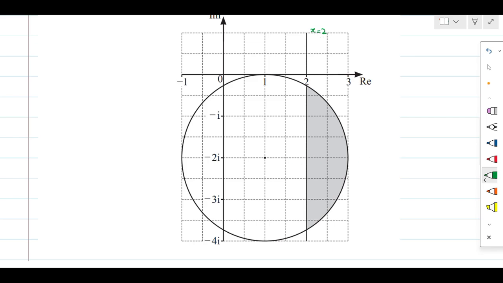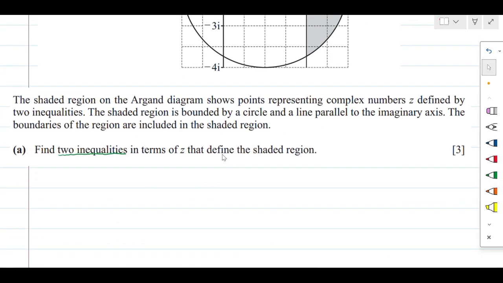Which portion is shaded? When x is equal to 2 and more than 2, or the real of z is greater than or equal to 2. So the first inequality is real of z is greater than or equal to 2.